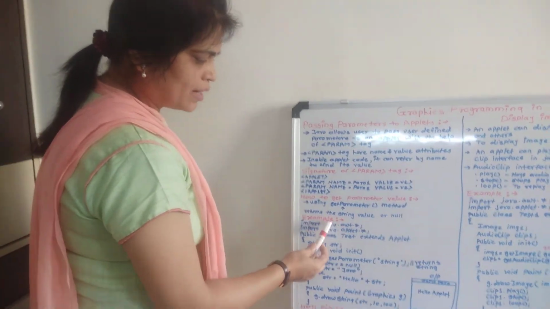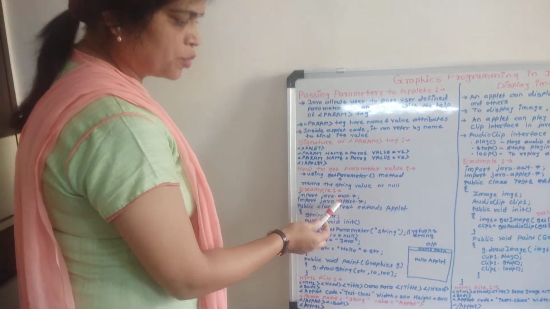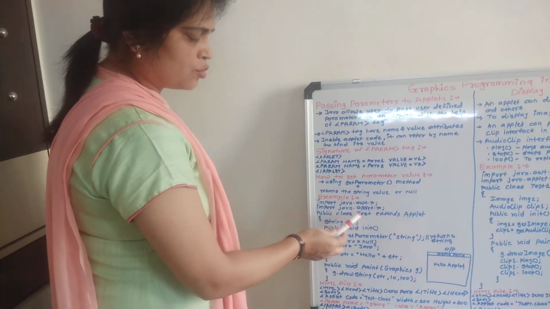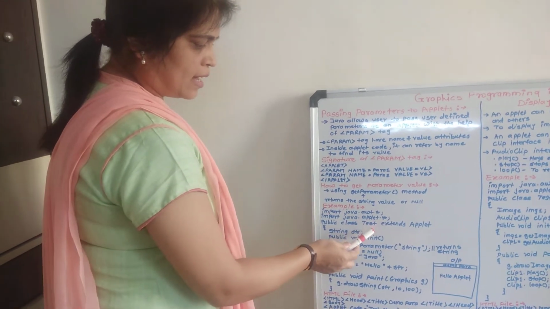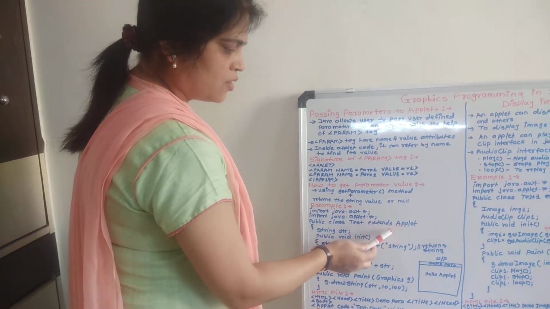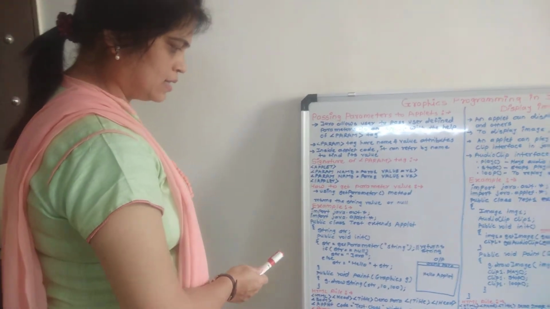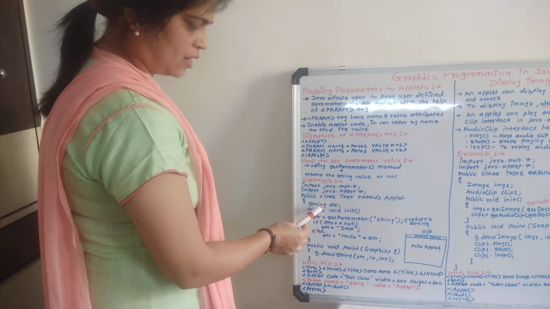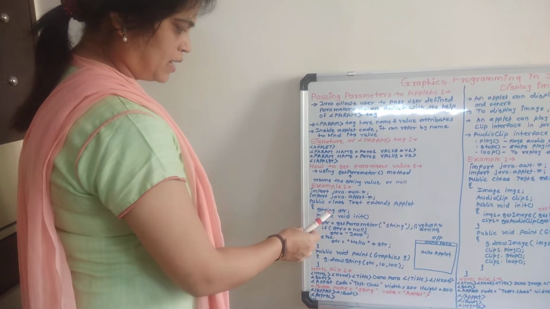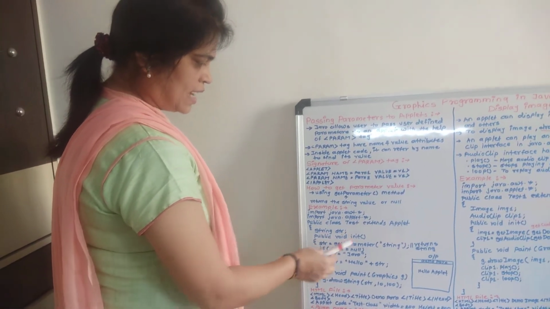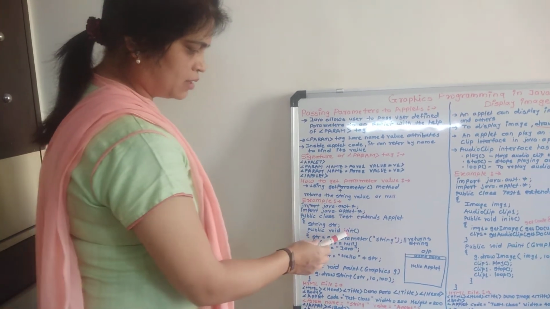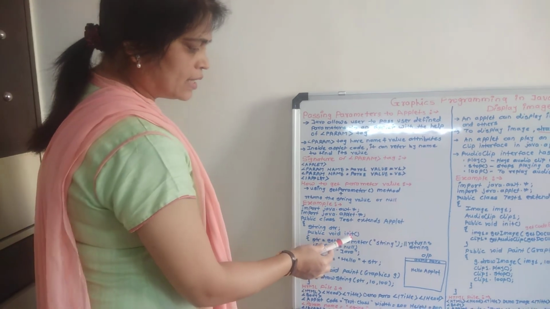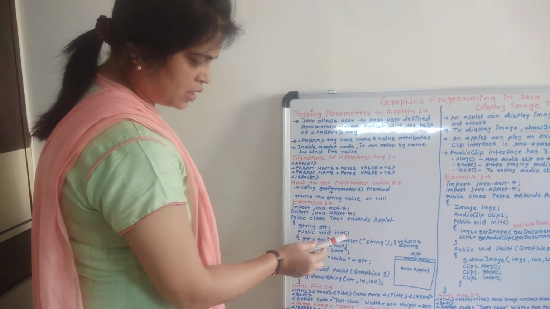For writing the applet program, you have to import the AWT package as well as the applet package. Then you have to declare the class, and while declaring the class, we extend the Applet class. Here, as we have passed one string, I have taken one string variable. As I said, the getParameter method is always run when the applet is going to load, so we have to use it in the init method.